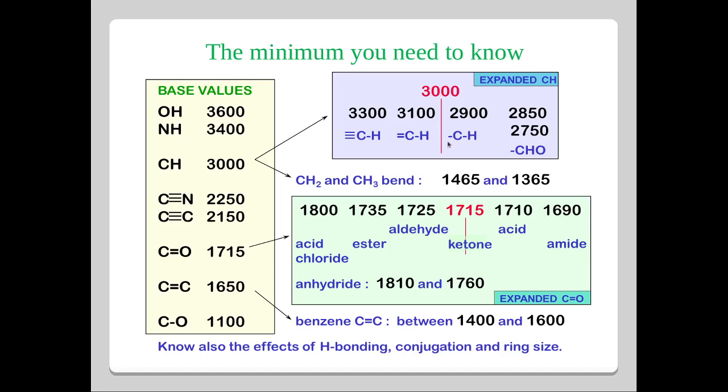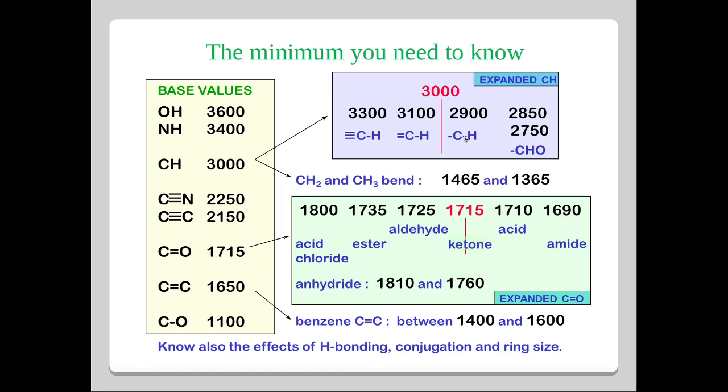Okay, if you remember correctly, the sp3 CH vibrations are a set of high intensity bands. sp2 CH vibrations are again a set of high intensity bands, but not as intense as the sp3 CH bands. And the sp CH band is really not actually a set of bands, it's actually a very sharp spike type band at around 3300 centimeter inverse.